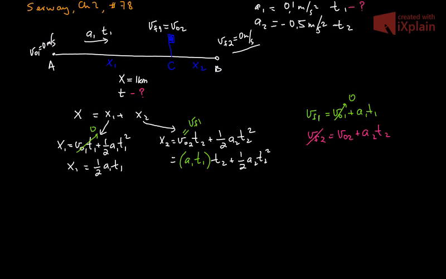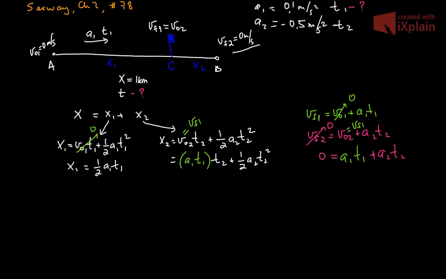In this case, v final 2 is 0, and v02 is the same as v final 1, so I can plug it in as 0 equals a1 t1 plus a2 t2.